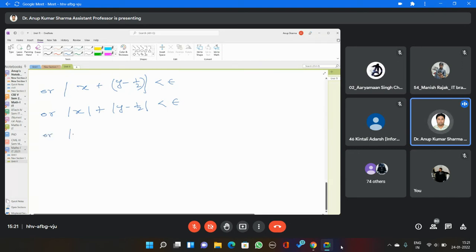Or we can write mod of x minus 0 plus mod of y minus half less than epsilon.